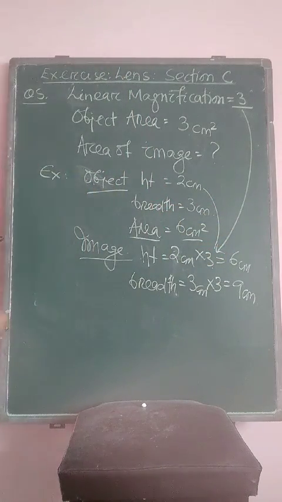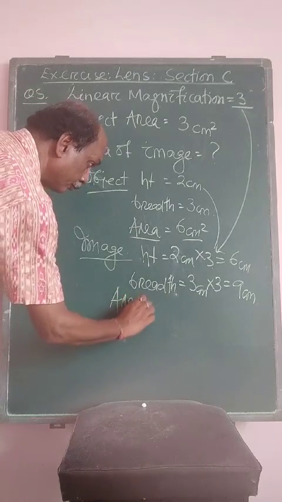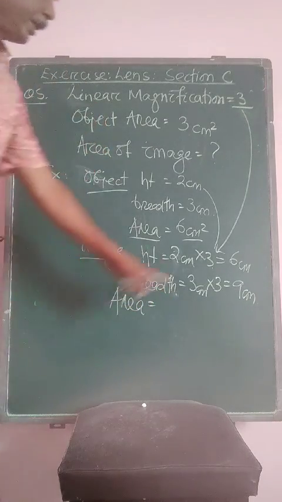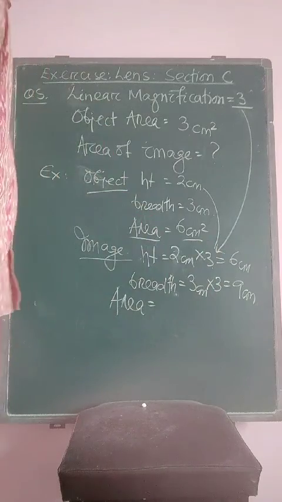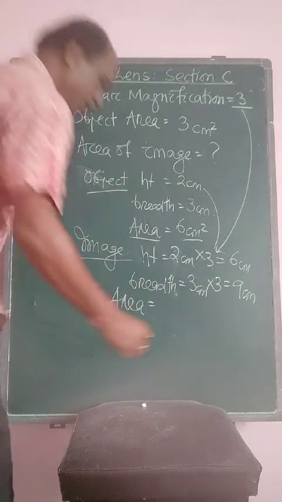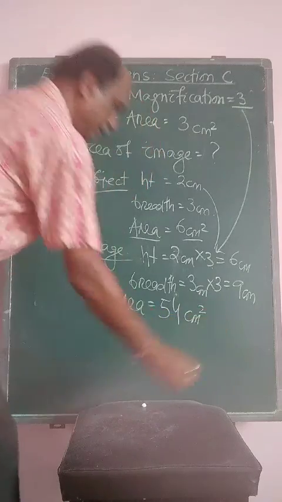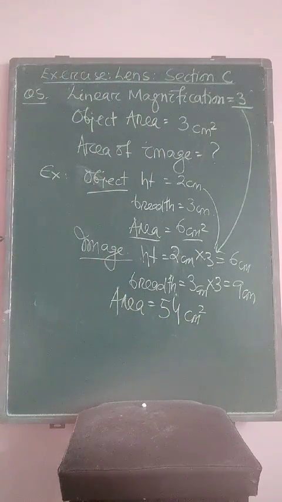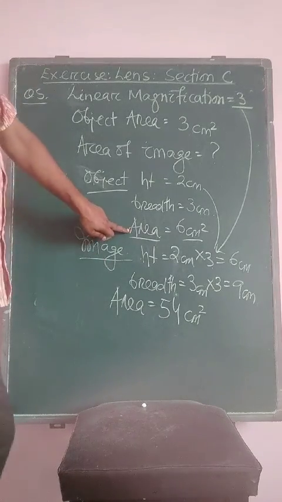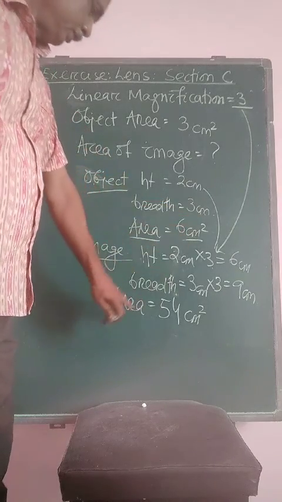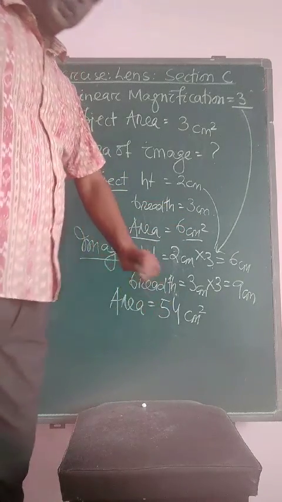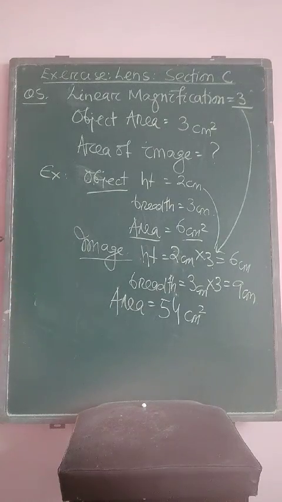So what is the area? So area is 9 into 6, 54 centimeters square. So what are we saying now? Area of the object is 6 centimeters square. Area of the image is 54 centimeters square. Now you are clear? Okay.